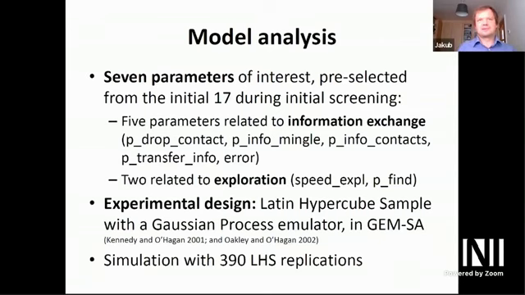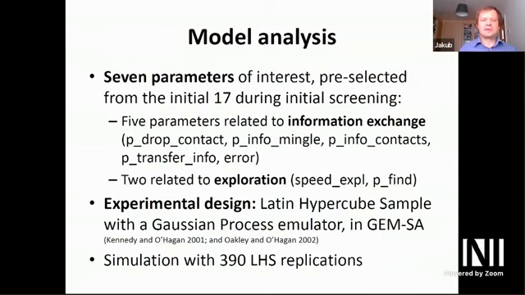But as you can imagine, even with a model of that kind, we have quite a few free parameters to look at. We started the analysis from 17 parameters, of which the initial analysis allowed us to boil down to 7 that were found to be of importance and worthy of further investigation.